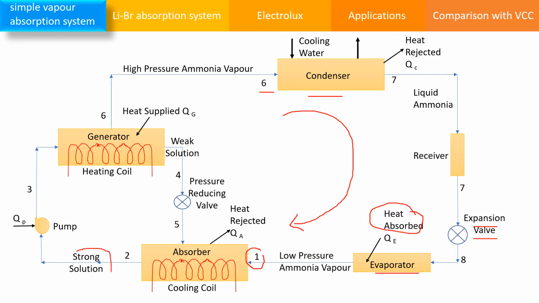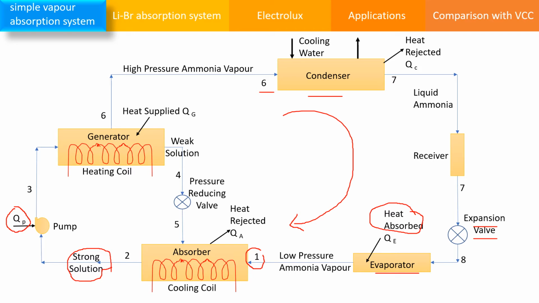The strong aqua ammonia solution then exits the absorber and passes through the pump, where the pump pressurizes this solution up to 10 bar using external work. Here we need to provide electricity to the pump. So the pump provides pressure to this strong solution and supplies it to the generator. In the generator there is a heating arrangement.